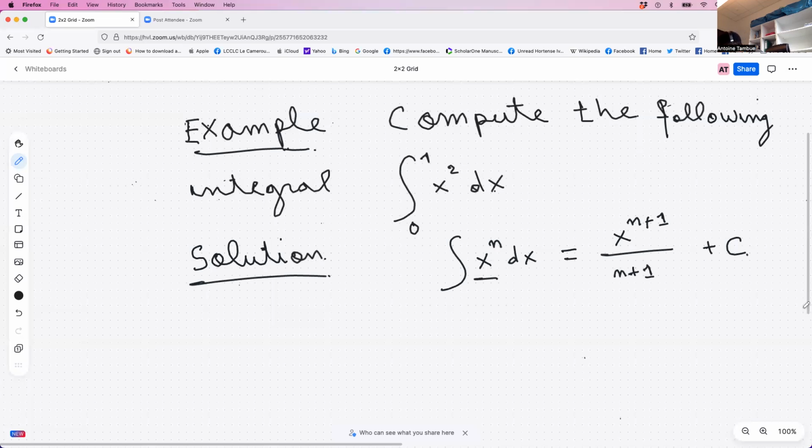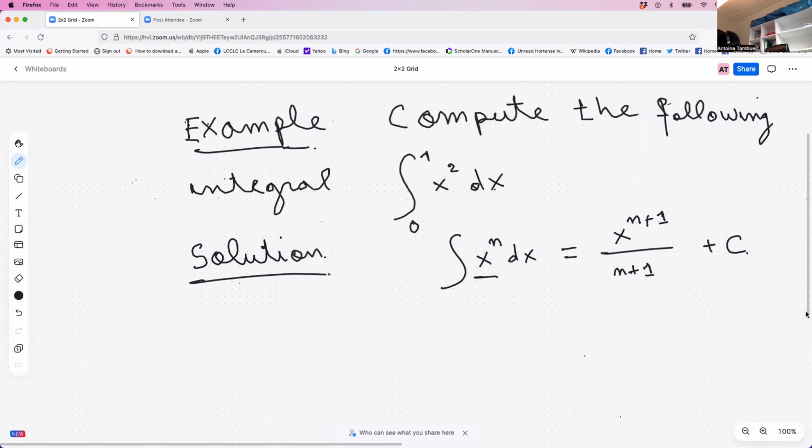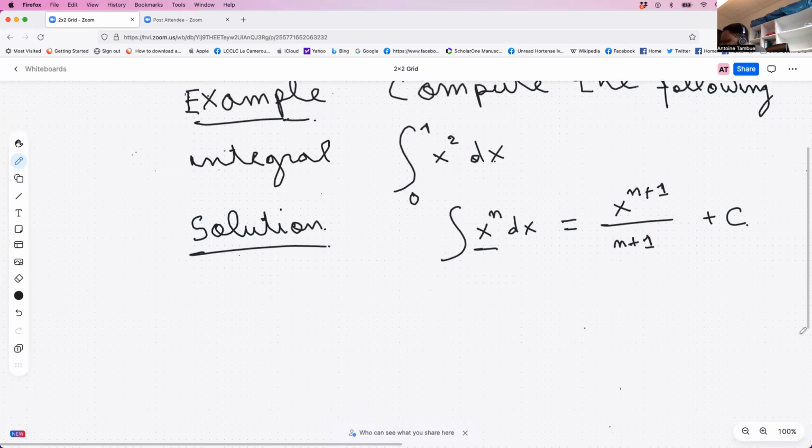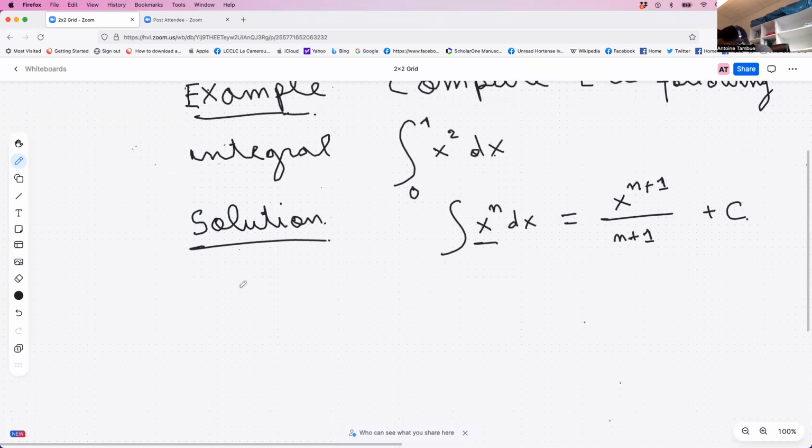So now, how can we compute our integral? We just know that our integral from 0 to 1 of x squared dx is in fact the antiderivative of this function evaluated within the interval 0 and 1. So we are going to evaluate the antiderivative at point 1 minus the evaluation at point 0.